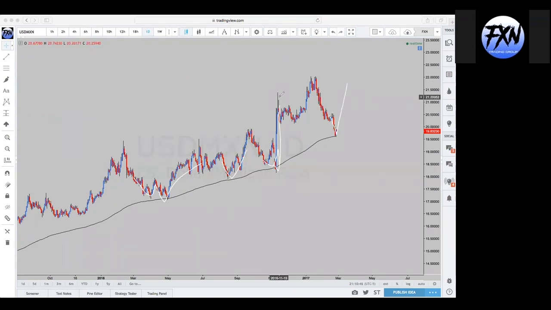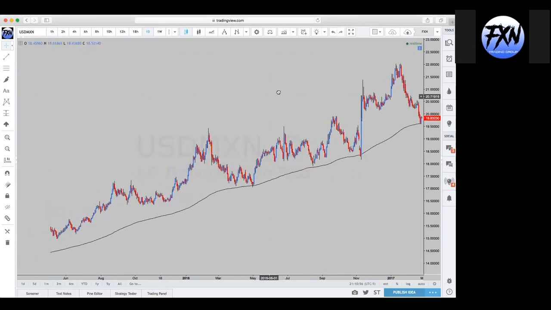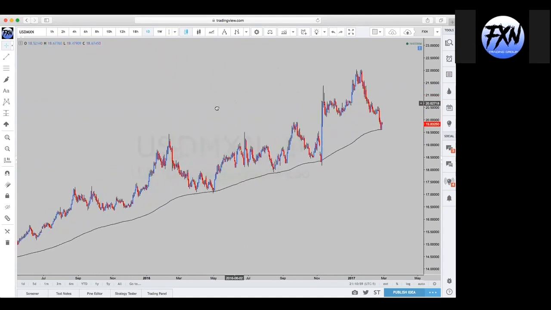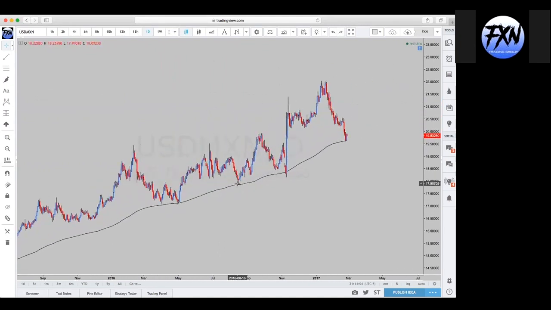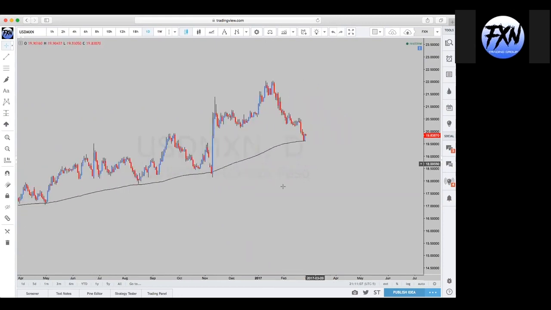See that? So that right there should tell you how powerful that 200 EMA line is, because throughout the whole history, it follows it. Gets down to it, moves, gets rejected, keeps going up, right?